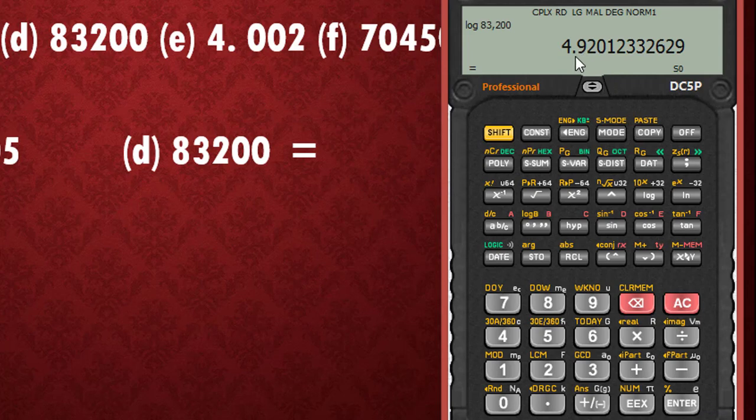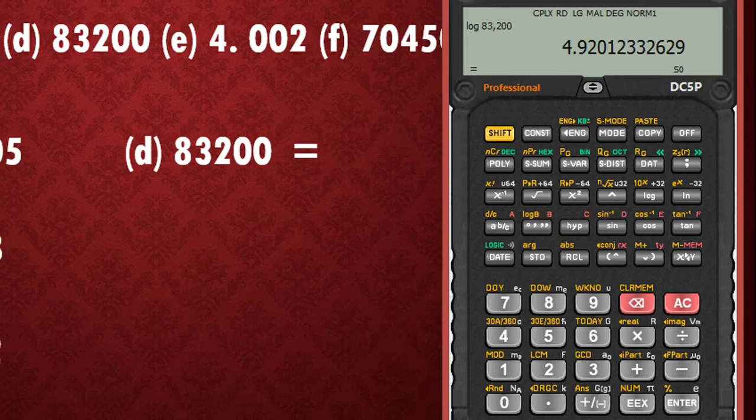That will give us 4.9201. So we are stopping at this 1 because the mantissa side needs to be 4 digits. So the 4 there is the characteristic. If you need to do any approximation to the 1, if you see the number after the 1 is 2, the approximation of 2 is 0. So that means 0 plus this 1 will still have the same 1 there. So our final answer there is 4.9201.